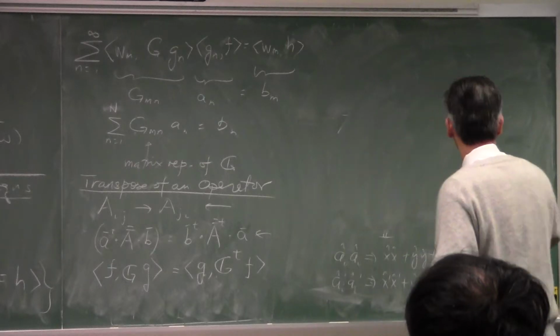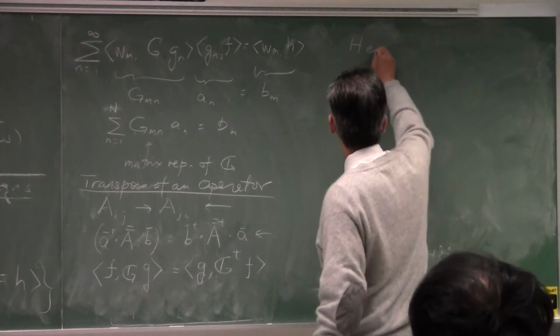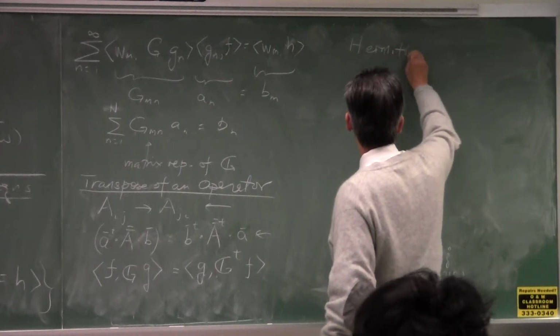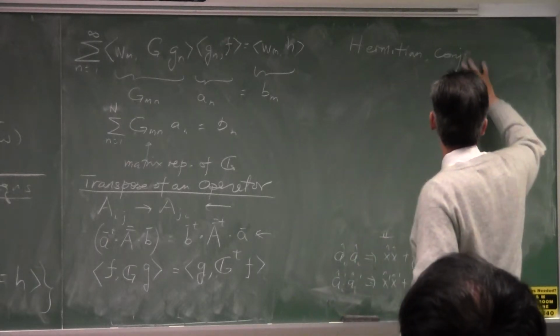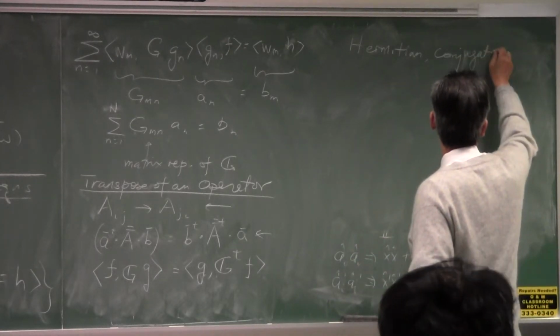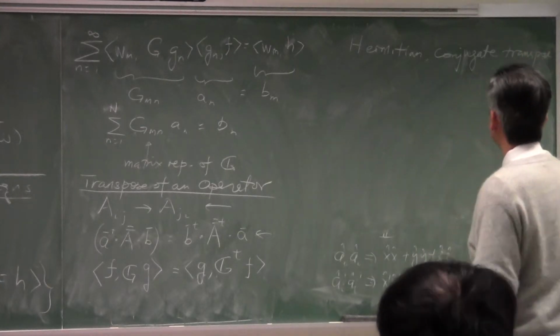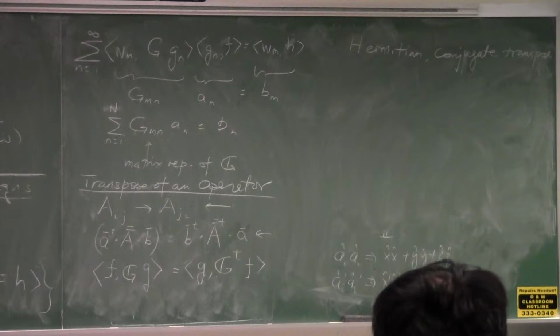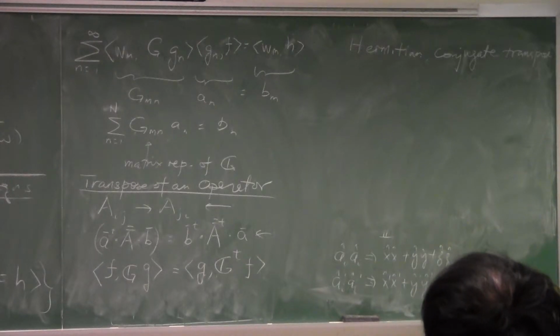Similarly, what about the Hermitian or conjugate transpose? Unfortunately, I feel that this definition is very messed up in the math community. They often don't distinguish the transpose and the conjugate transpose.